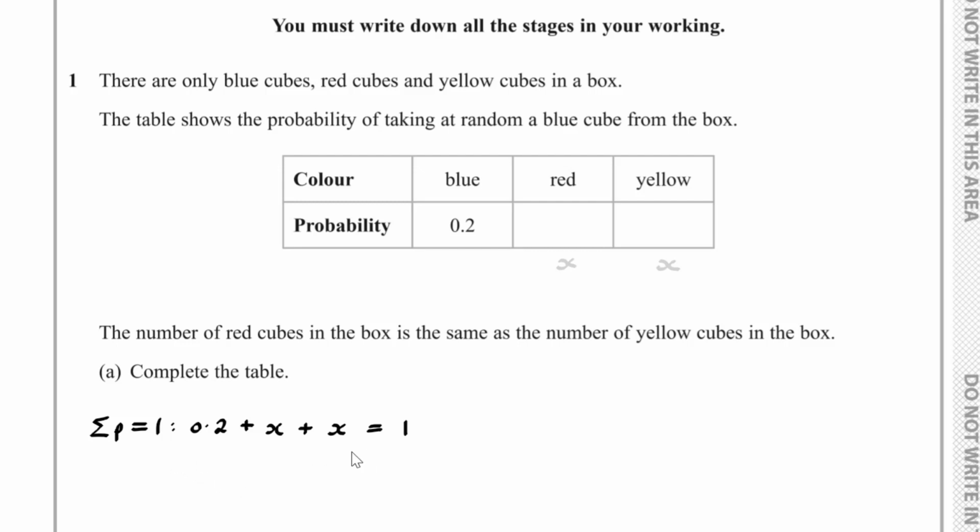If we simplify all this, we have 2x equal to 0.8, and therefore x is equal to 0.4. Knowing that x is equal to 0.4, the probability of selecting a red is 0.4. The probability of selecting a yellow is also 0.4.